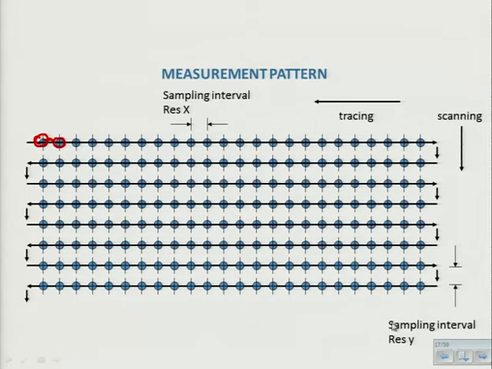So then, as we move over a certain distance in x, there's our resolution in x, and that would be in what we call the tracing direction. So we move across and look at all these measurements, and then we index over, and then we move across and take all those measurements. So then the sampling resolution in y is here, so there is the y resolution in between the two traces.